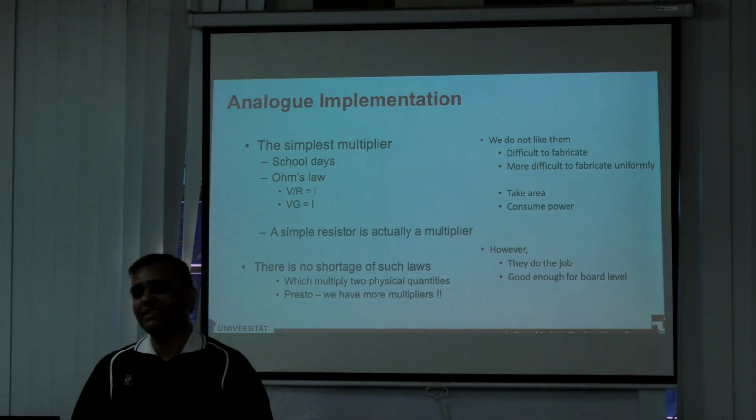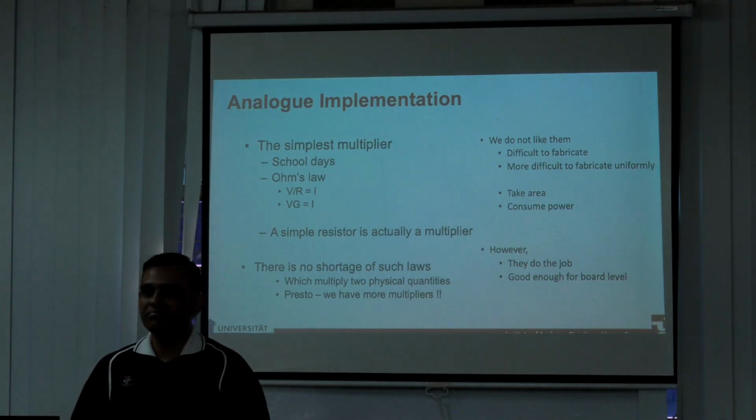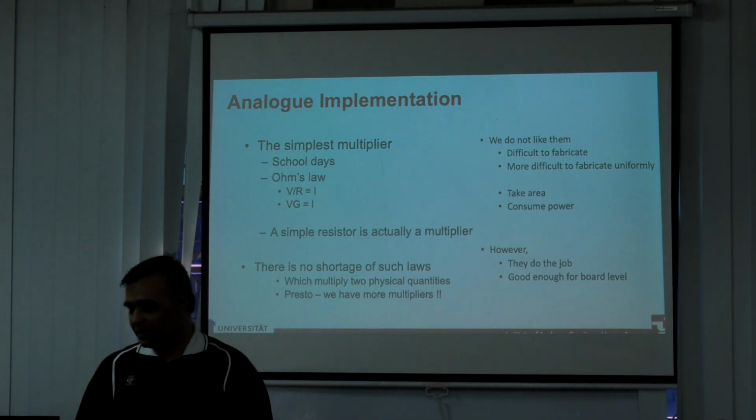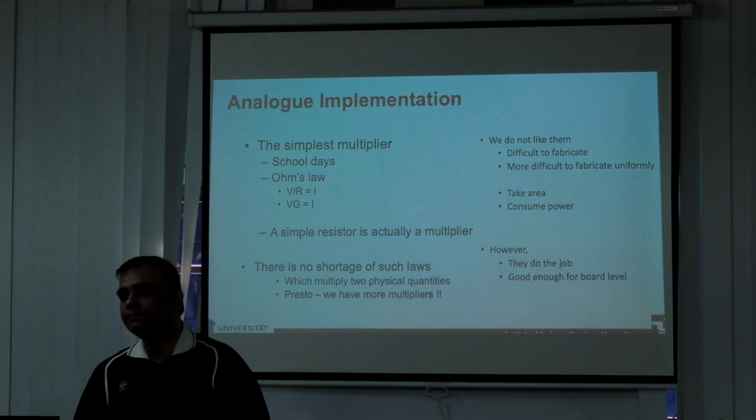And the worst of that, they carry current. Current flowing through a resistor gives power, I squared R. So whatever I do, they will carry current, but they still do a very good job.